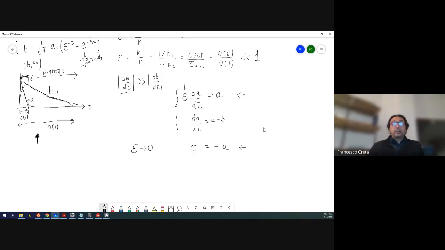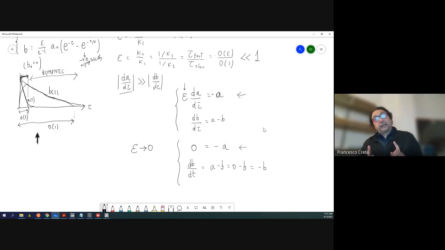On the other hand, for the second equation, dB by dt, nothing really special happens to it other than we know that now A is equal to 0, so we can write A minus B equals 0 minus B. So in fact it's minus B.